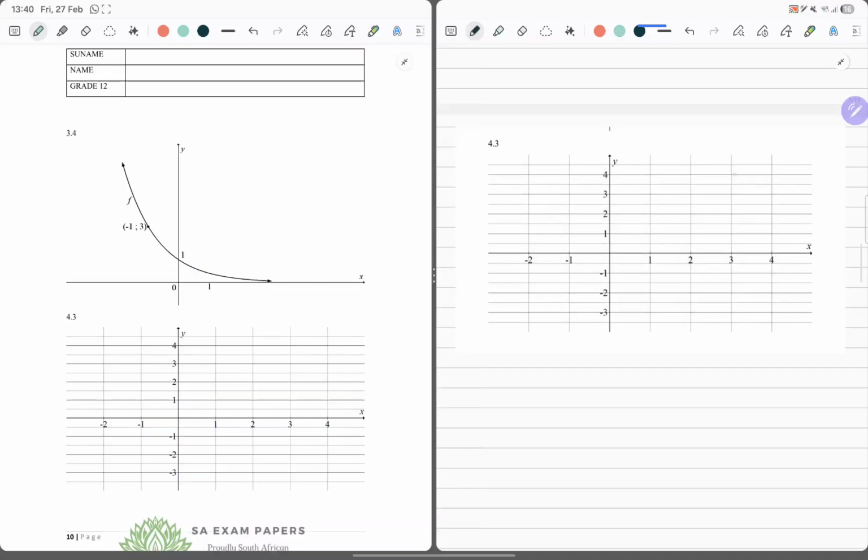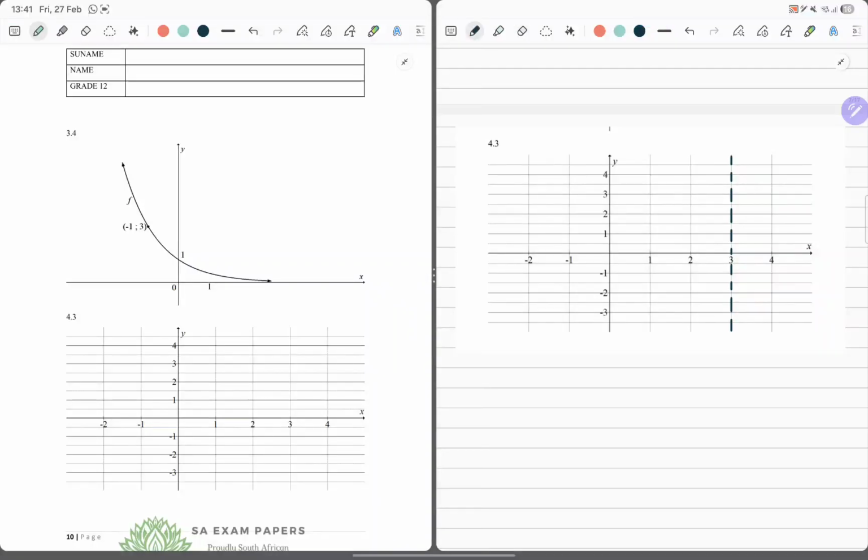Okay. So there's our asymptote. And remember, we do it in a dashed line. Okay, so that's the asymptote that we have.